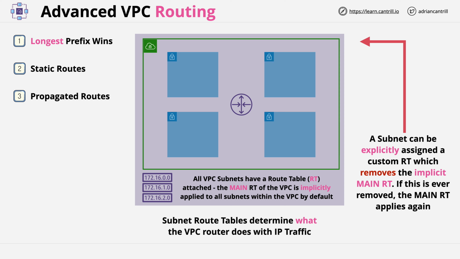But there are situations where you might have multiple routes, both using the same prefix length, and both dynamically learned via route propagation. Well, there's another level of prioritization.